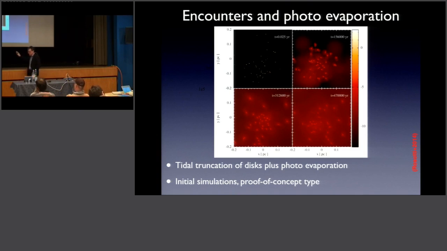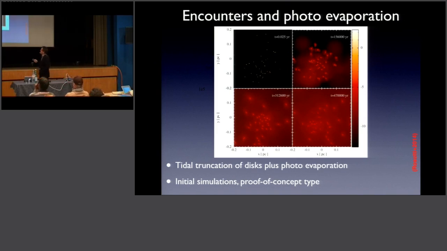This color is essentially material that was in the disk and is being stripped and diffused into the cluster by the encounters between the stars. So I think that at the end of the simulation, they don't find too many problems for the disks to survive substantially, so as to form planets where we have planets.